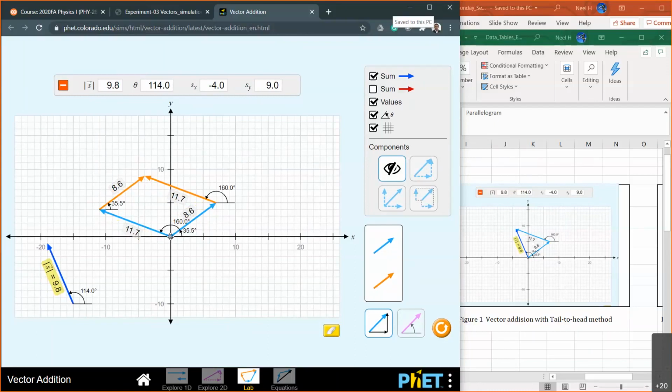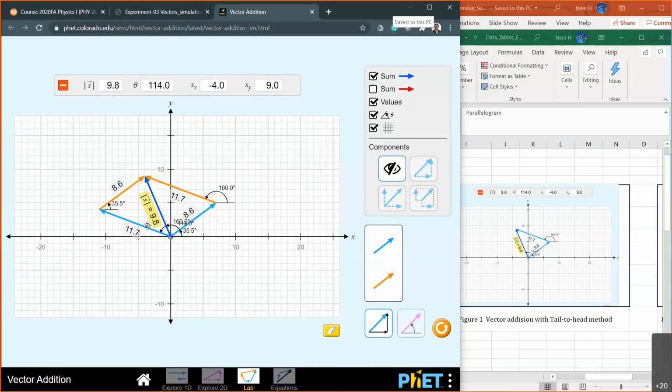The diagonal starts from the origin and goes all the way to the other end of the parallelogram. I can check that by bringing this line right here. If you bring that and put it exactly on the diagonal, you can see that it fits exactly with the diagonal. So that is actually the resultant vector of these two.